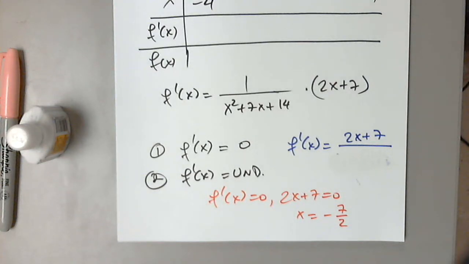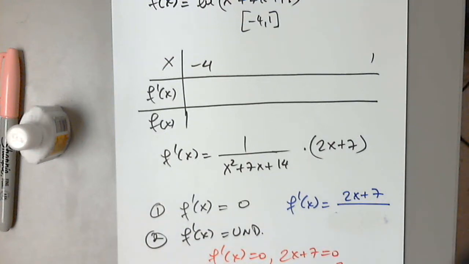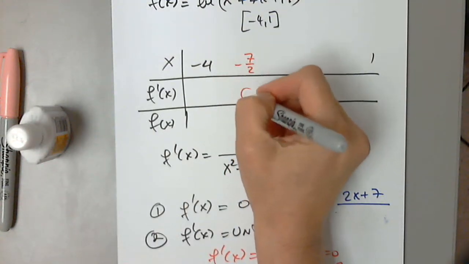A fraction is 0 only when the numerator is 0, so I set the numerator equal to 0 and got negative 7/2. If negative 7/2, which is negative 3.5, is in the domain, then I have to write it.